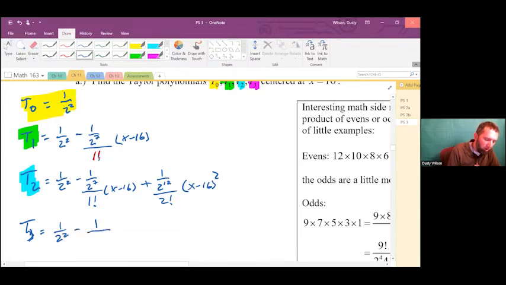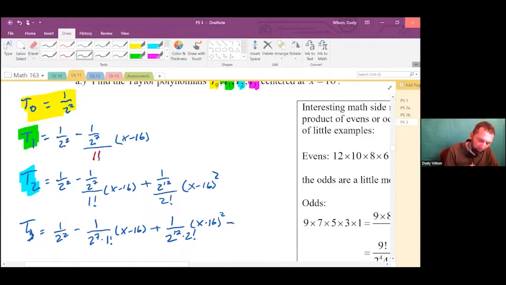So it'd be minus 1 over 2 to the 7th times 1 factorial, x minus 16, plus 1 over 2 to the 12th times 2 factorial, x minus 16 squared, minus 1 over 2 to the 17th times 3 factorial, x minus 16 cubed.